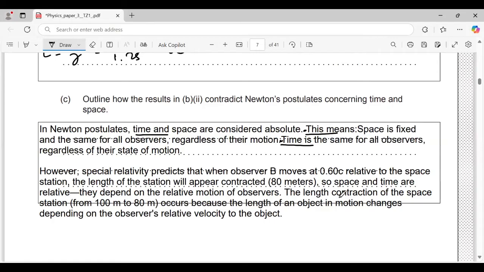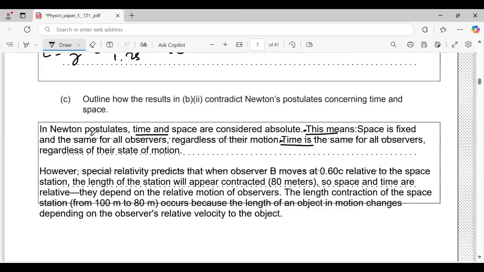The length contraction of the space station from 100 meters to 80 meters occurs because the length of an object in motion changes depending on the observer's relative velocity to the object. So that's the difference in opinion between Newton's postulates and special relativity, right?